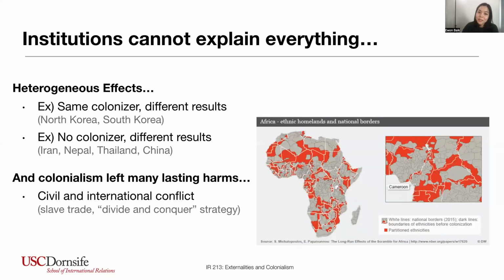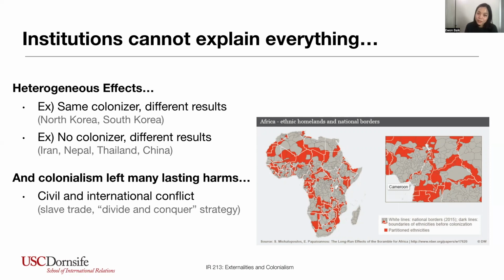Now, we're not saying that colonial institutions alone can determine whether a country turns out rich or poor, right? The world is too complicated for such a simplistic explanation. For example, North Korea and South Korea are two countries that used to be one country under Japanese colonial rule. So despite sharing the same colonial experience and the same institutions, the two countries went on to have very different growth trajectories.